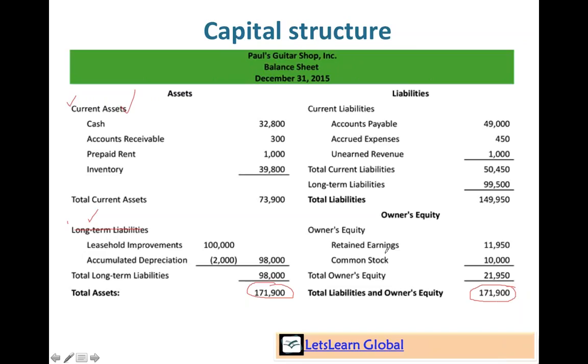171,900. But the question is, how much of this 171,900 is funded here, and how much of this equity is used in this? What are the proportions of this and this? You see here 149,950 and 21,950, both are used in the purchase of these assets.